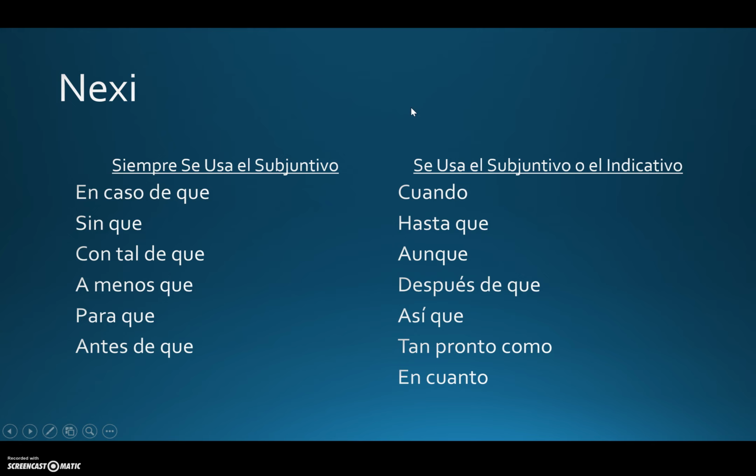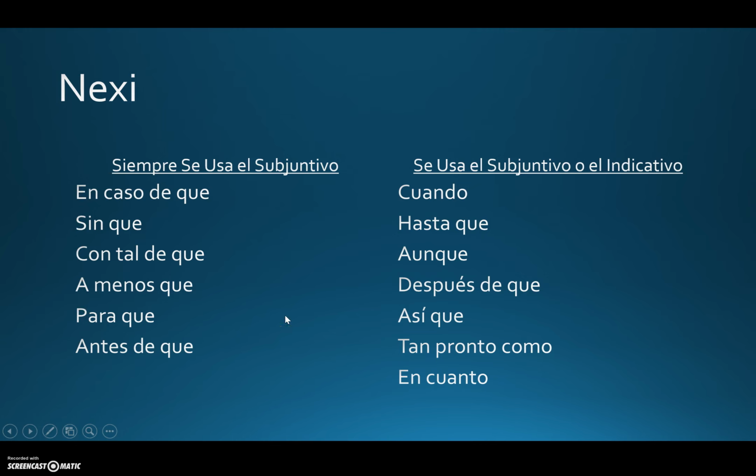So tenemos dos tipos de nexos. Tenemos nexos que siempre usan el subjuntivo y tenemos nexos que a veces usan el subjuntivo. También pueden usar el indicativo. So los nexos que siempre usan el subjuntivo son en caso de que, sin que, con tal de que, a menos que, para que, y antes de que, and the word you can see is escapa, so that's how you remember it.